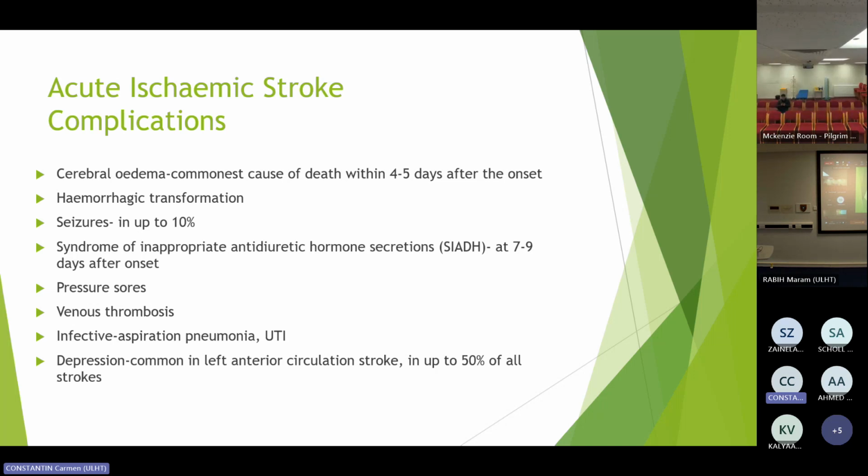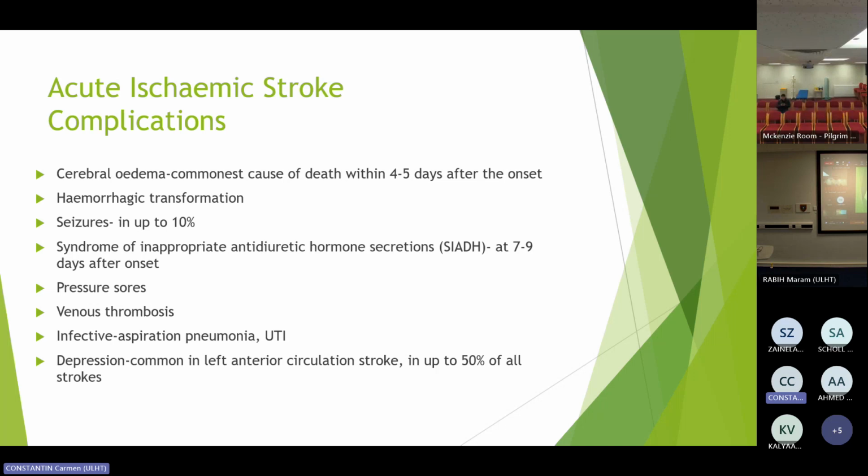Seizures could appear in up to 10% of strokes, short term and long term. A stroke anywhere in the brain could cause seizures, especially frontal and temporal lobe, but we've seen even brainstem strokes causing seizures. Also, we could have SIADH in the first week or so after the onset of the stroke.